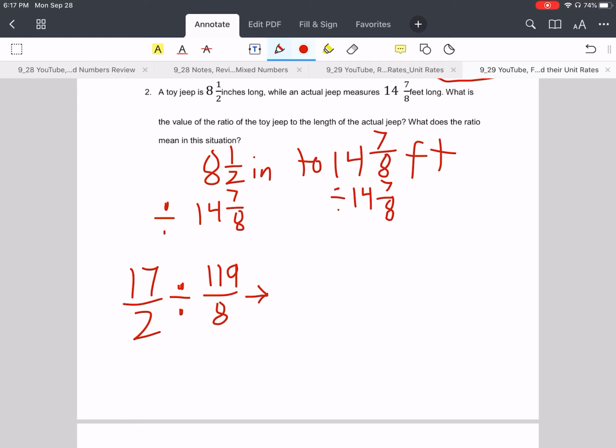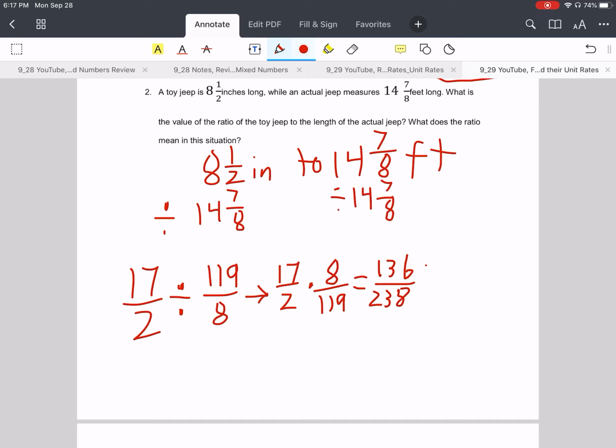We're going to flip that to make it multiplication. 17/2 times 8/119. That's going to give us a total of 136/238.